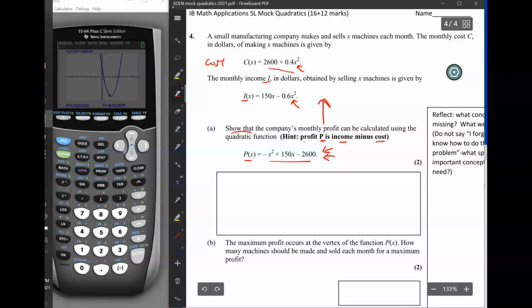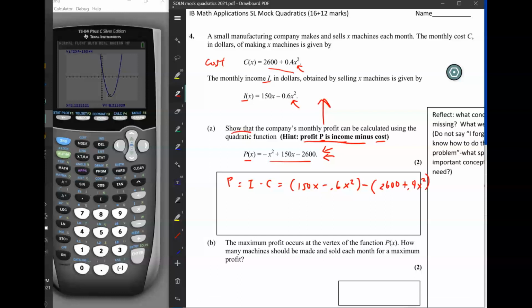Okay? And what you're going to do is say profit P is equal to income minus cost. And so you're going to say income is 150x minus 0.6x squared, right? And then we know it's minus the cost, which is 2600 plus 0.4x squared. And then we're going to subtract one from the other and combine like terms.